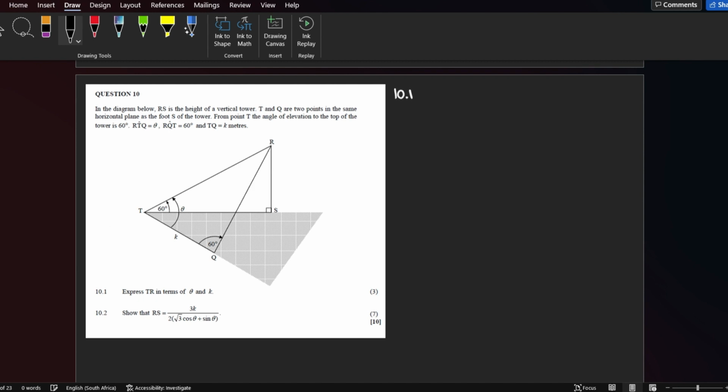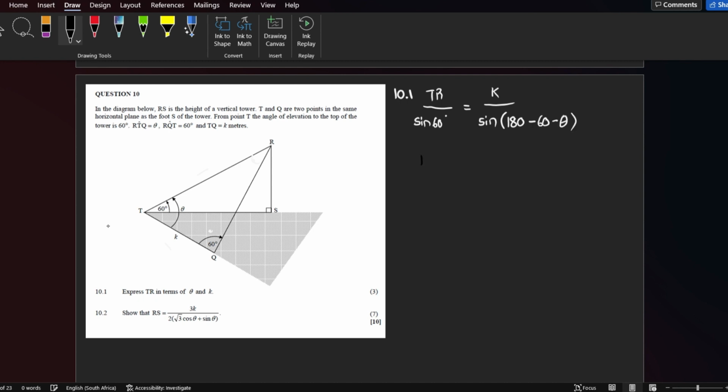10.1. Okay, so firstly we identified this is our first pair here and here, and our second pair is TR and this angle there. So we will have TR divided by sine 60 equals, and then we have TQ, or length K, divided by sine of this angle here, which is simply 180 minus 60 minus theta.